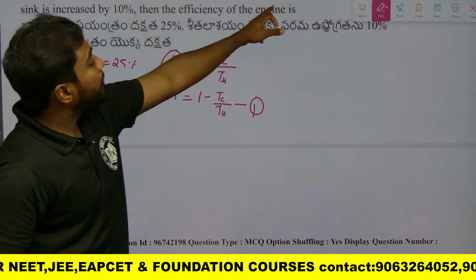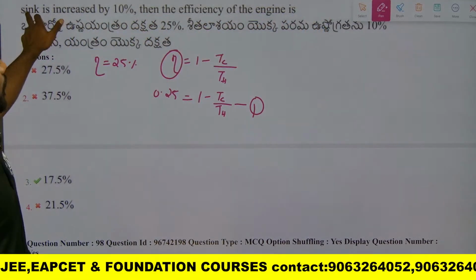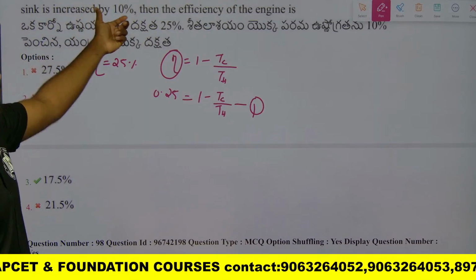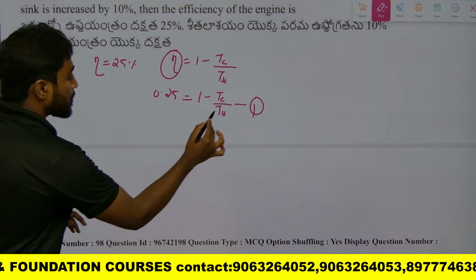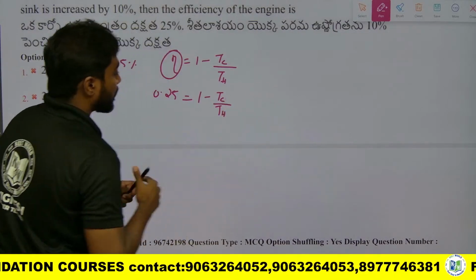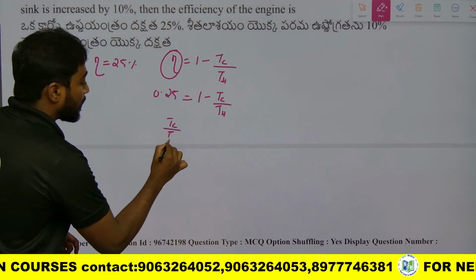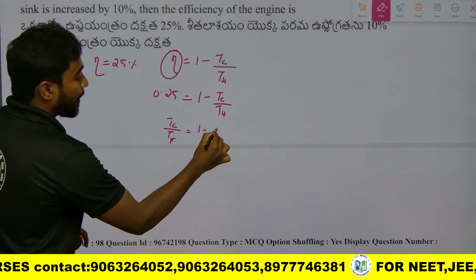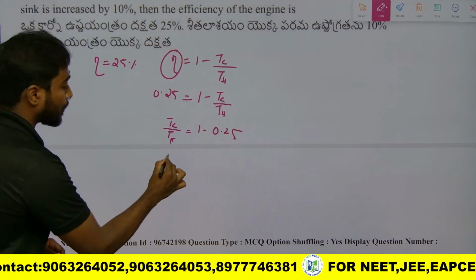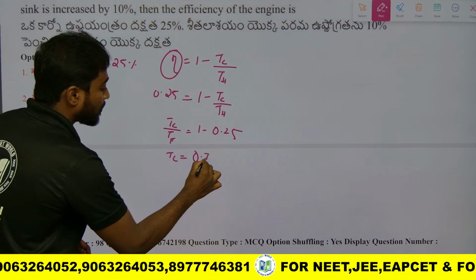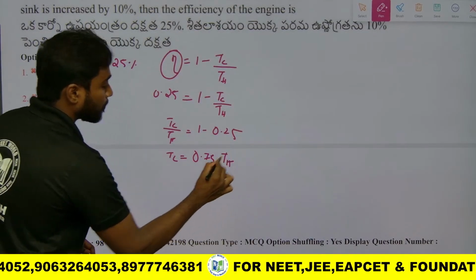Now they have said that the absolute temperature of the sink is increased by 10%. So wait a minute. Tc by Th equals 1 minus 0.25, so I'll get Tc equals 0.75 times Th.